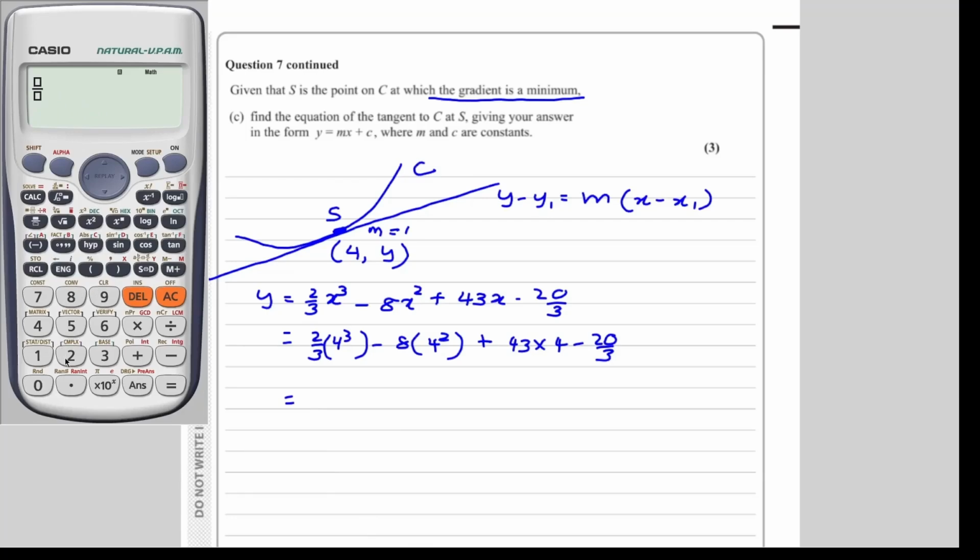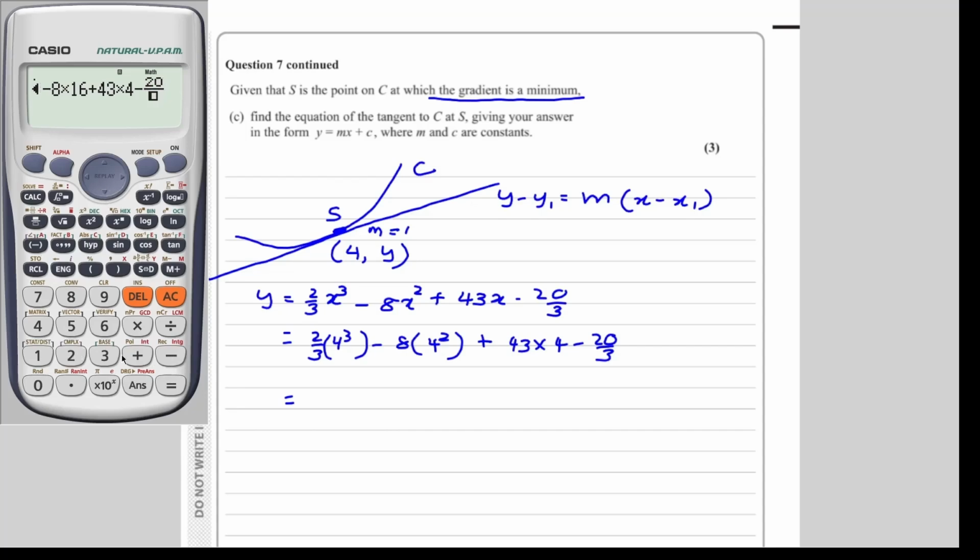2 over 3 into 4 cubed minus 8 into 16 plus 43 into 4 minus 20 over 3.